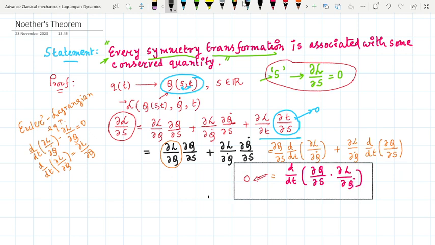What does it imply? d/dt of some physical quantity equal to 0 means the physical quantity is conserved or constant.